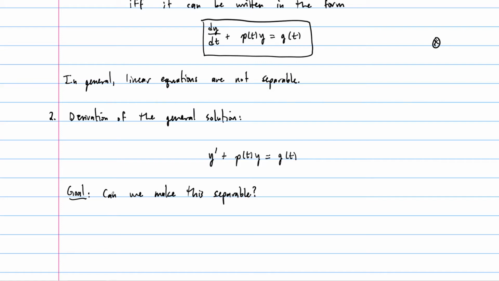So here's what we're going to do. We're going to multiply the entire equation by a positive function, which we're going to call mu, and mu is just a function of t. This is a Greek letter mu.